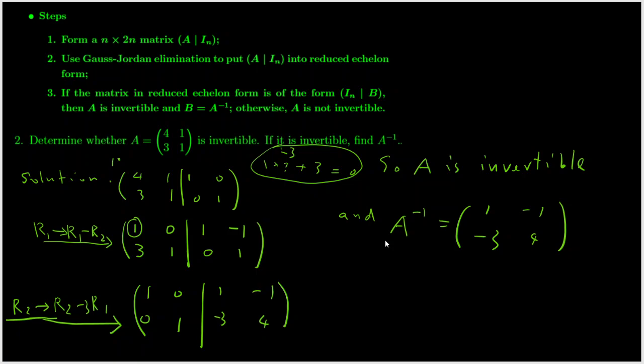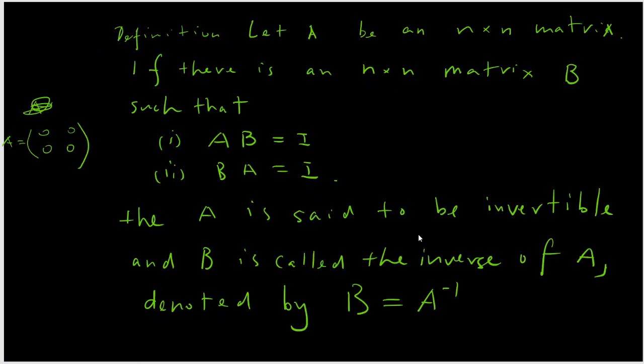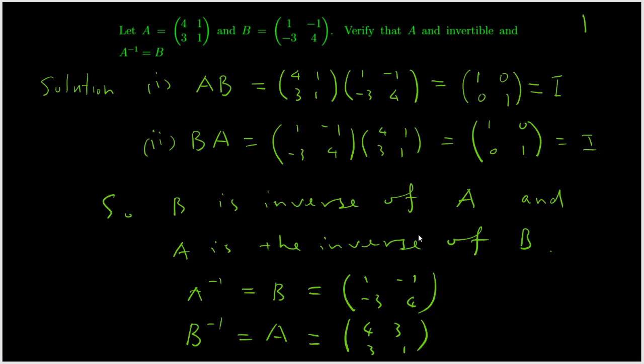Any questions? Sorry, you said to verify you go A times the inverse of A and then the inverse of A times A, and then you'll get both identity matrices if it's true? Yeah, so that's how you verify, right? Actually, verifying is not part of the solution. If you want to convince yourself the answer is right, then you can multiply to get the two products.